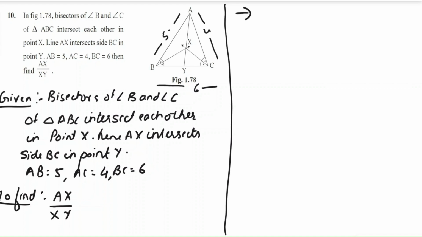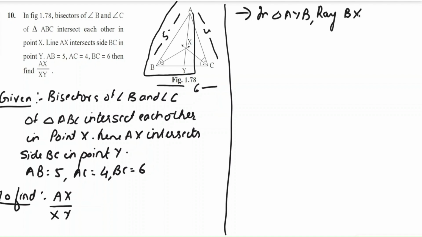Now first we will take this triangle AYB. Now in triangle AYB, ray BX is the bisector of angle ABY.